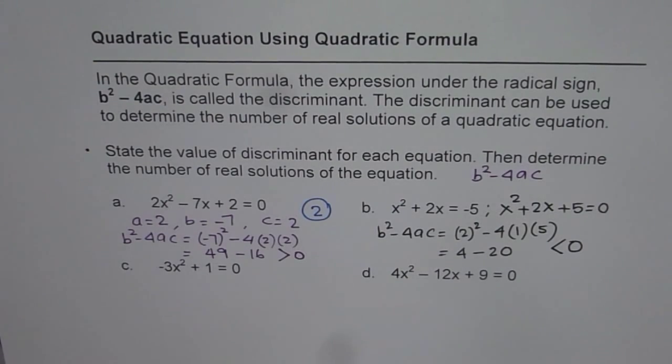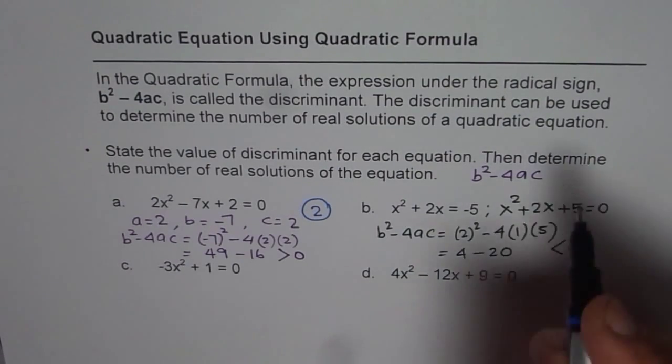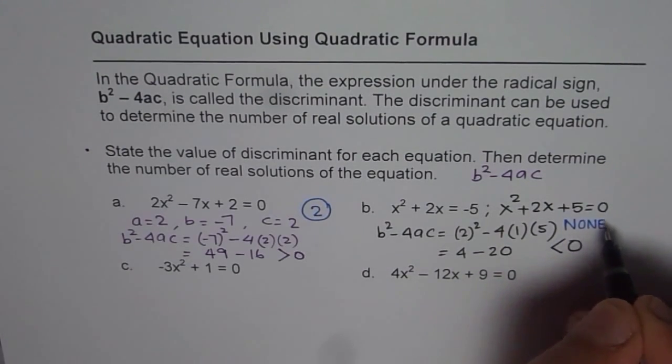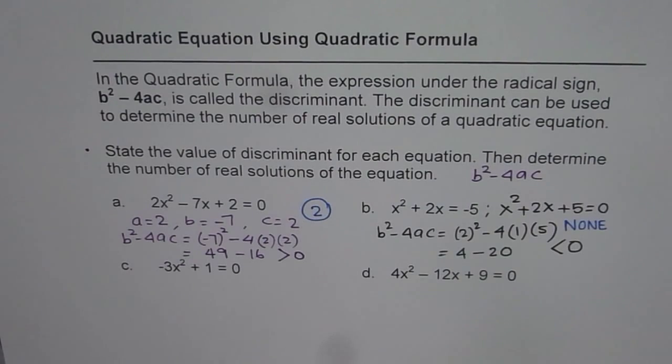Now if under the square root we have b squared minus 4ac, which is negative, then how many solutions do you expect? The number of solutions is 0 or none. So there are no real solutions in this particular case. Now these two are for you to practice.